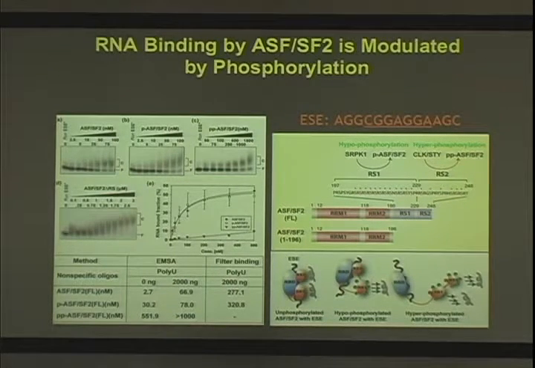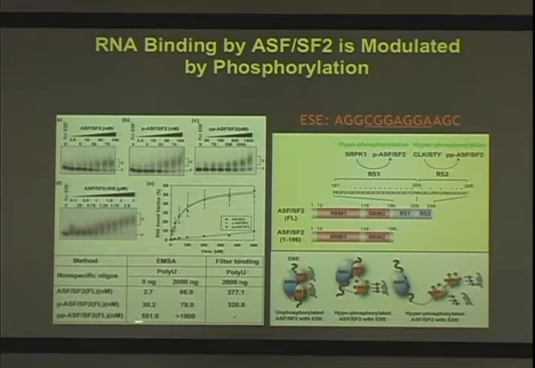But if you have hypophosphorylated, the non-specific binding is really gone. If you look at the filter binding in the presence of a large amount of non-specific RNA, hypophosphorylated and unphosphorylated bind with the same affinity. So even though the numbers vary between the two different methods that we use, the trend is very similar. So now what it really means is the RNA binding.